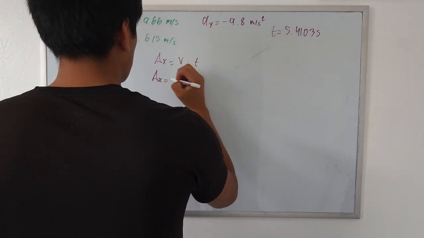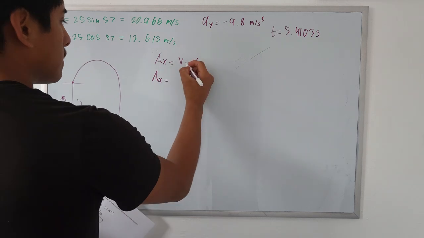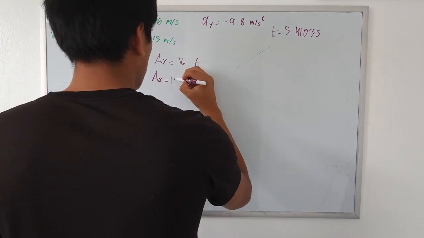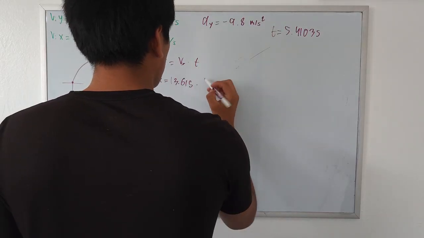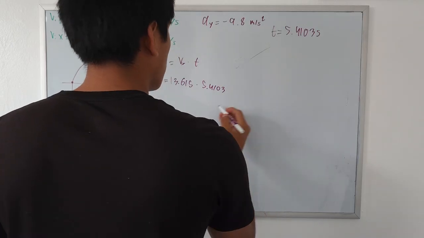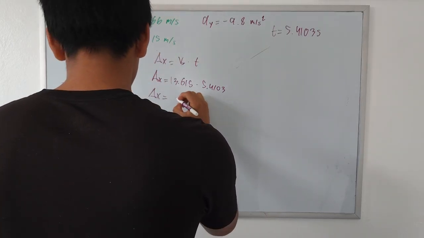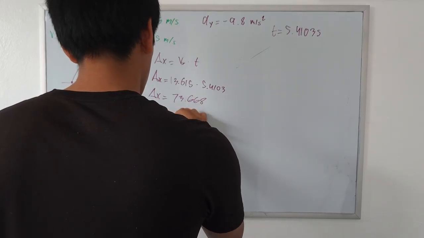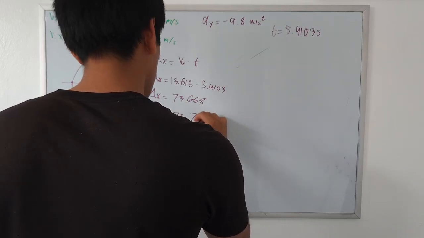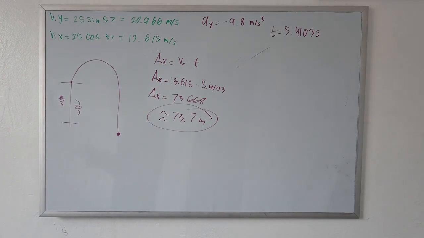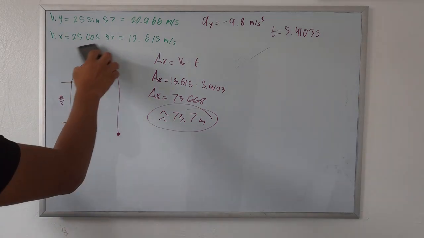Delta x equals the velocity in x, 13.615, times the time, 5.4103. That should get you delta x equal to 73.668, or rounding, 73.7 meters as your final answer. So 73.7 meters is the total displacement in x when it goes from here all the way to here.